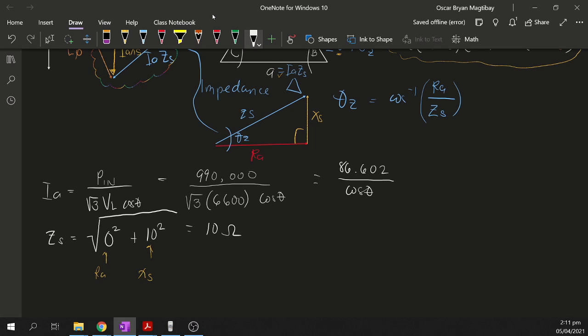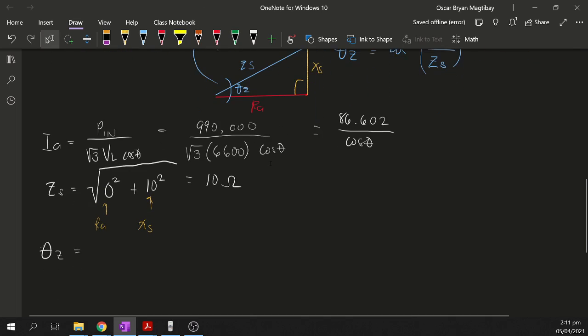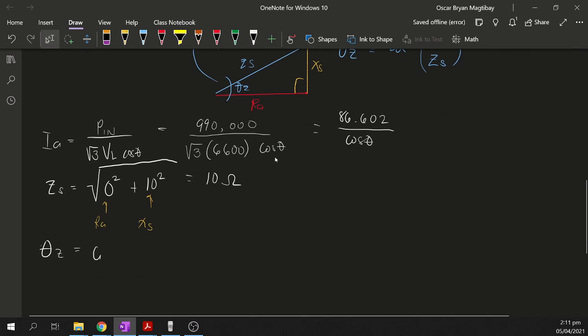Paano naman si theta Z? Theta Z is equal to what? Arc cosine of 0 over 10. Dahil ZS natin is 10, ang ating RA is 0, so this would be theta Z now is equal to what?